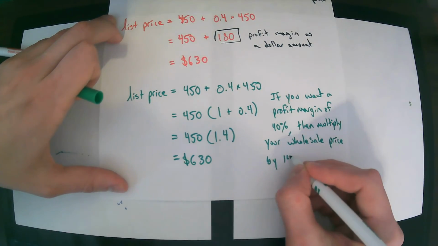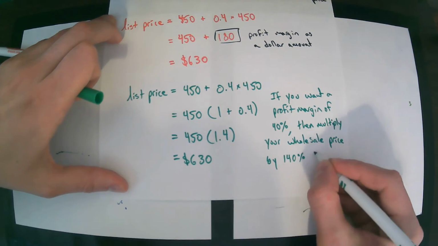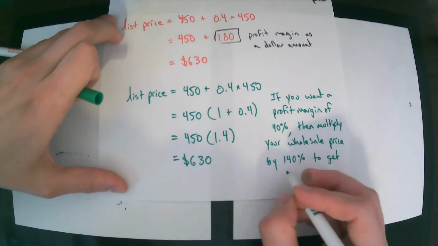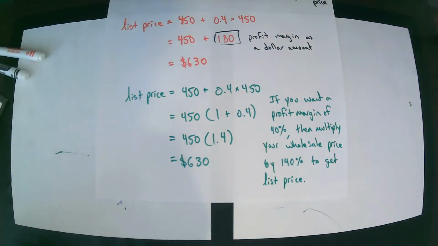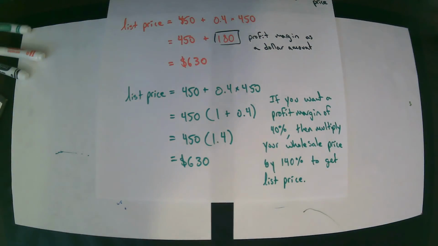By 140% to get the list price. It's the same thing, right? It's saying the same thing, just looking at it from two different points of view.